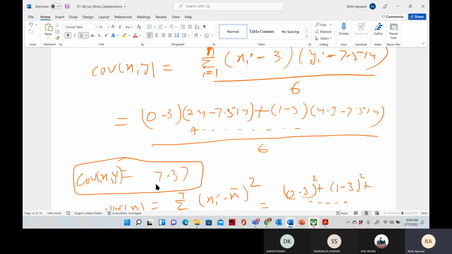That's why I told you most of the time we will use the Python library. We are not going to write our own derivation. In Python itself, the library is there to calculate the covariance and variance. But in the numericals, we need to use this formula.